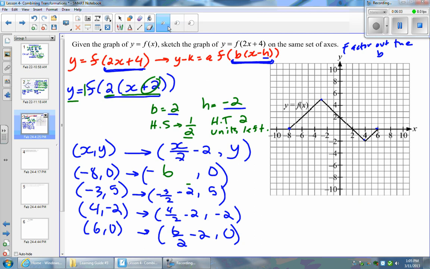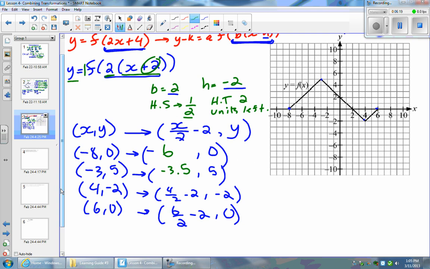We have negative 3 halves minus 2, which is going to give me negative 3.5. I'm going to change it to a decimal because it's a lot easier to deal with when you're plotting. 4 divided by 2 gives me 2, minus 2 gives me 0. And finally 6 divided by 2 gives you 3, minus 2 gives you 1. All right, so here are my points.